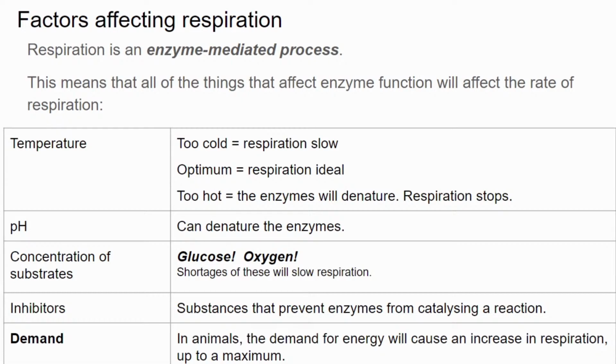So their cells are able to increase the rate of respiration to provide more ATP for the cells to carry out those activities that our animal needs. This only works up to a maximum though, so once the animal has reached its maximum rate of respiration, it's not able to continue to increase the rate of respiration beyond its maximum.